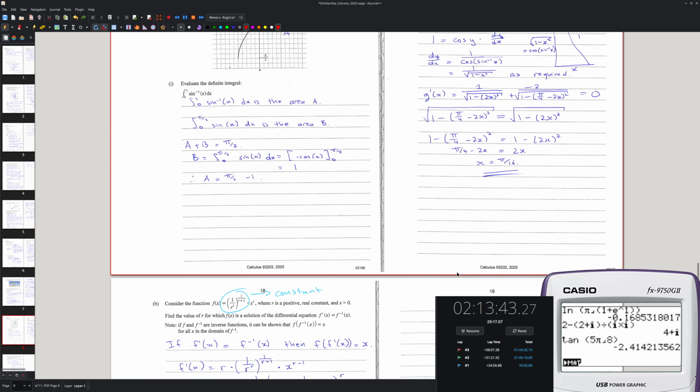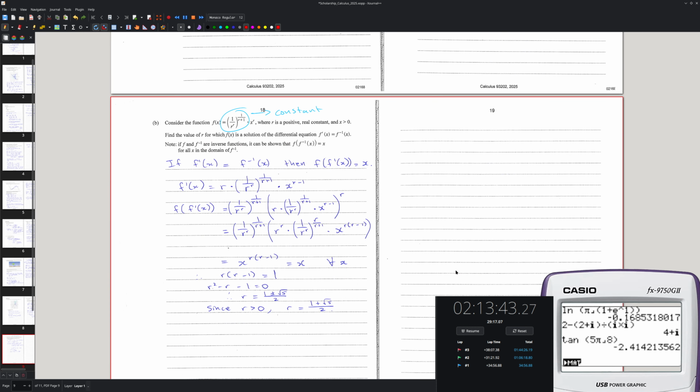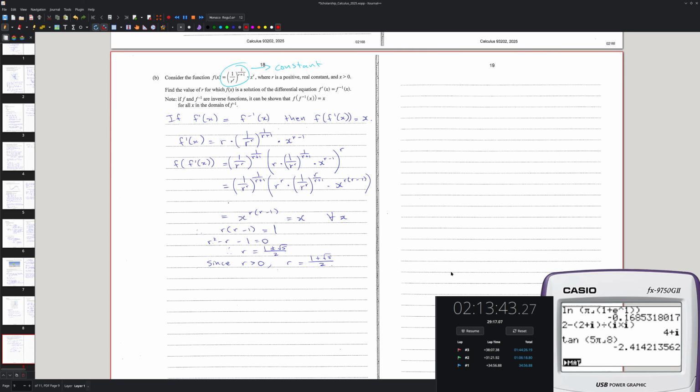Okay, the next one, we've got the golden ratio to the power of the other golden ratio, times x to the power of the golden ratio? Wait, what? So it's x to the power of the golden ratio, right? But then, do you need a constant out the front of that?